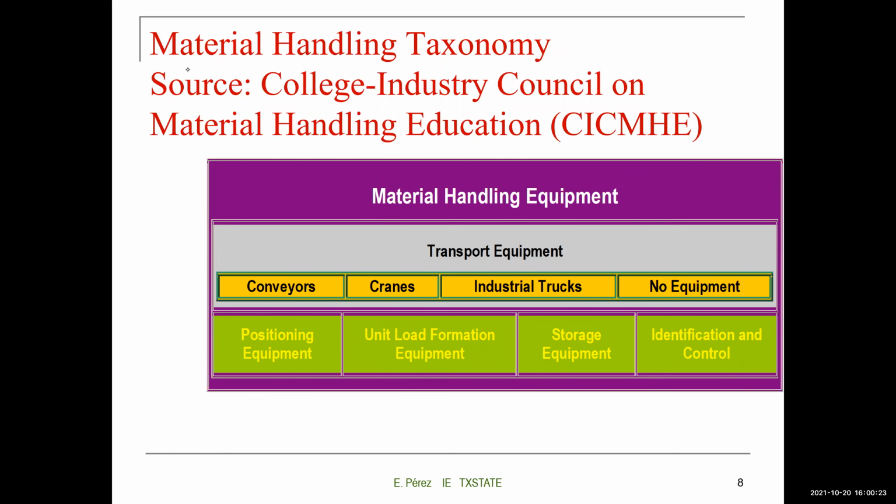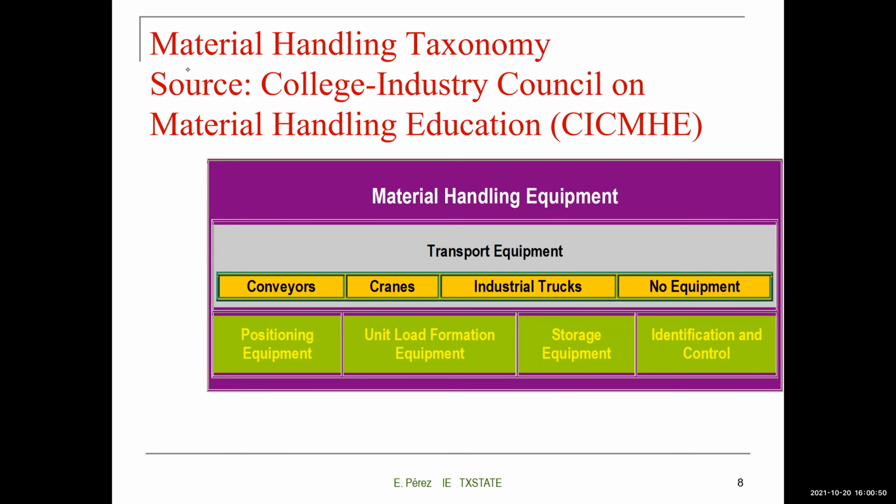So we have a taxonomy for material handling equipment. The source is the College Industry Council on Material Handling Education, and the material handling equipment is basically classified according to this council.